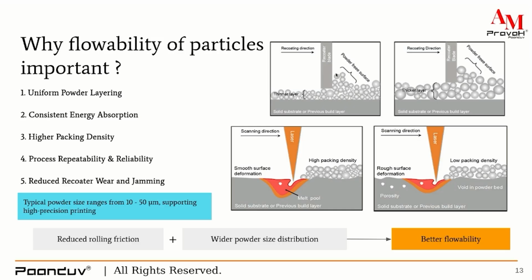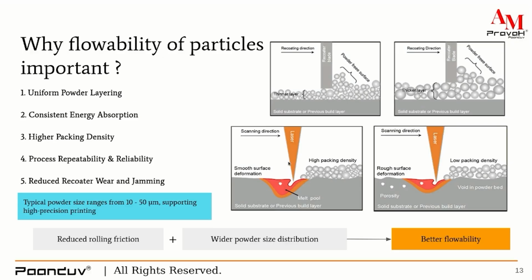Now, at the right hand side, you see two images. There is one where the particle size distribution is wide, and there is another where sizes are large and the particle size distribution is narrow. Now you can clearly make out these smaller particles will help fill these voids and help in getting a better packing density of these particles.